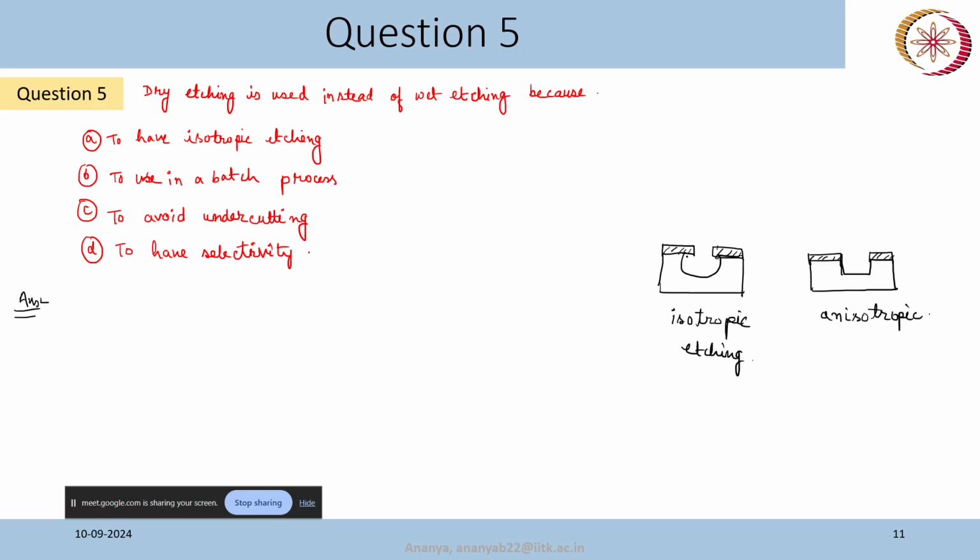Now here you can see that in case of isotropic etching, even though your opening was this size, ultimately you are getting a size of this. So this problem is known as undercutting. Certain areas of your substrate or material, you don't want to remove, but they are getting removed due to isotropic etching.